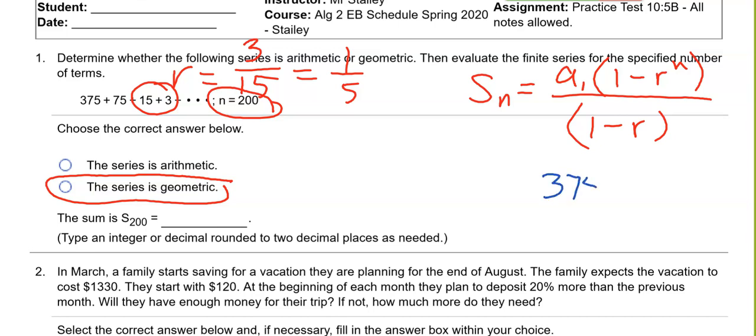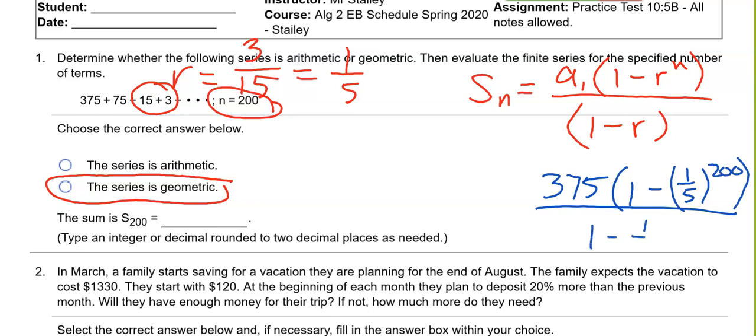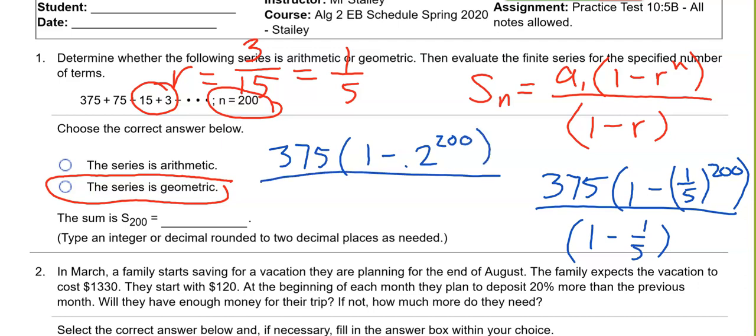My first term is 375. My multiplier is 1/5. Now, if you don't like fractions and you would rather use decimals, then your formula would kind of look like this, because 1/5 is equal to 0.2.